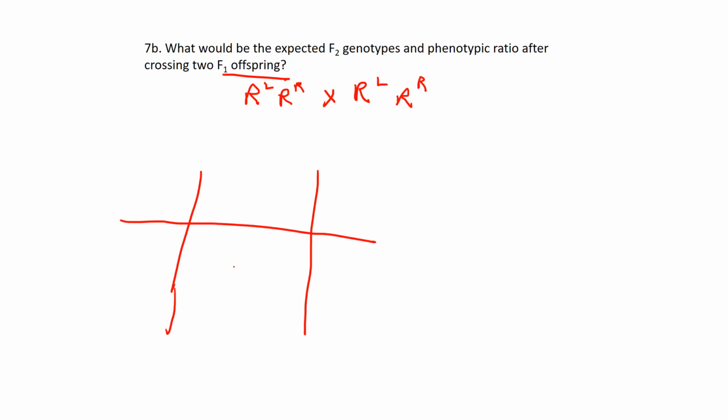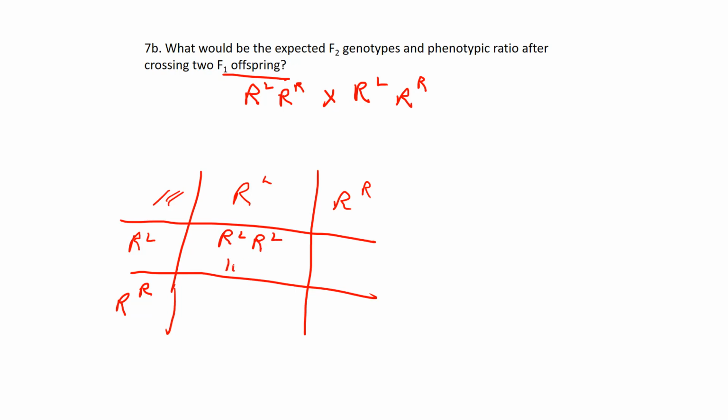So Punnett square, capital R superscript L, capital R superscript R, capital R superscript L, capital R superscript R. Bring those guys together now, showing fertilization. That's going to be long. And this is exactly what they talked about in the first part of question 7a. Capital R superscript L, capital R superscript R, that's going to be oval.